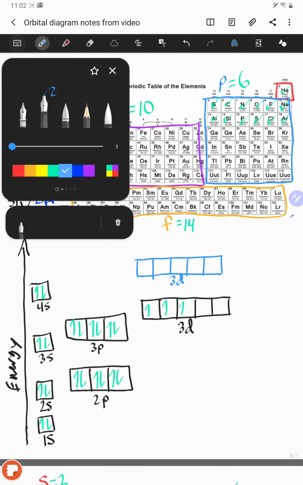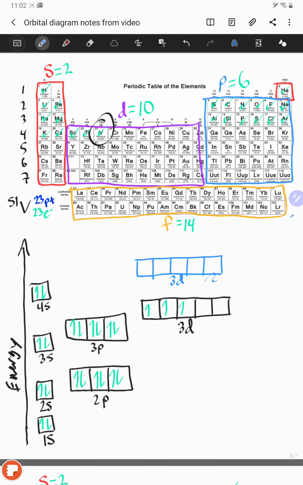Let me put a little note here so that we can remember that the 3d orbital falls below the 4s orbital after the 4s orbital gets filled.